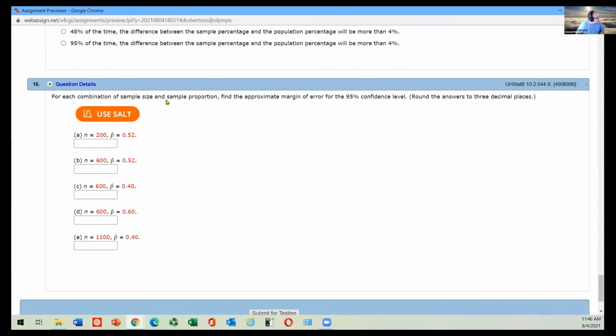For each combination of sample size and sample proportion, find the approximate margin of error. So it's going to be, in my question, a 95% confidence interval. And there's 5 questions, but let's just pick B to show you what's happened. In B, N is 600 and P hat is 0.52.